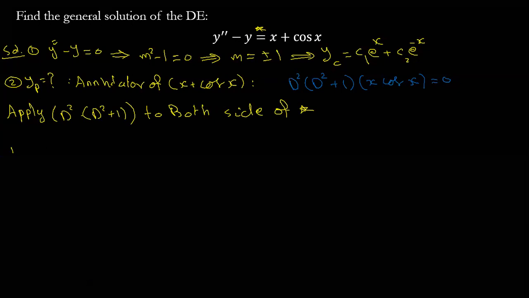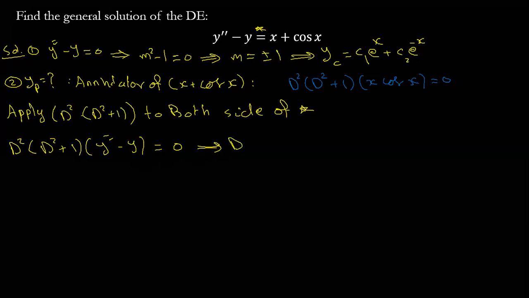So now I have D squared, bracket D squared plus 1 bracket, applied to y double prime minus y. Do you know the right-hand side is what? Zero. Okay. Now I'm going to simplify this equation. The new equation which you wrote now is a homogeneous equation.